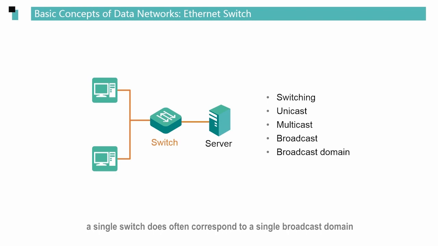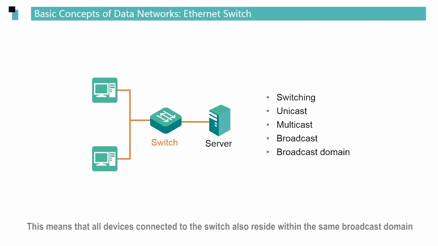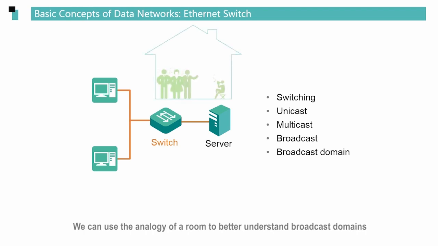However, a single switch often corresponds to a single broadcast domain. This means that all devices connected to the switch also reside within the same broadcast domain. We can use the analogy of a room to better understand broadcast domains.